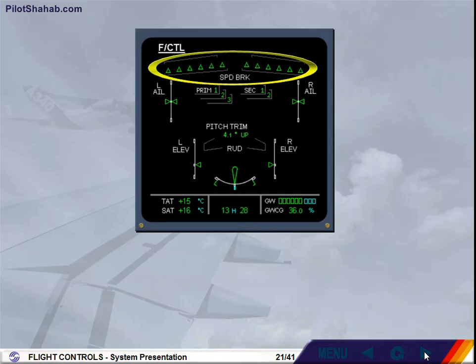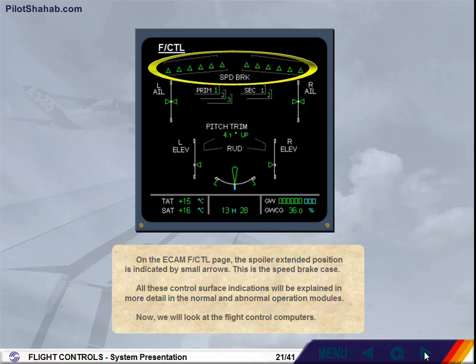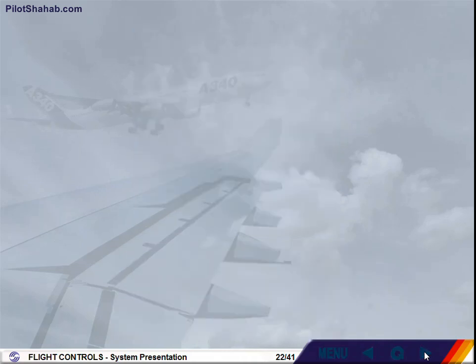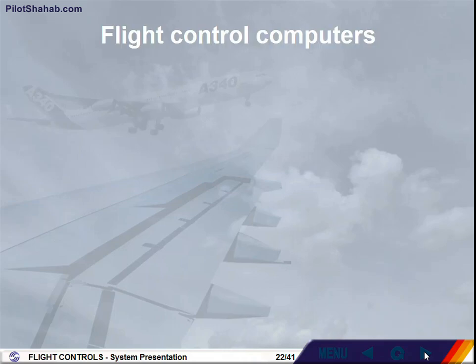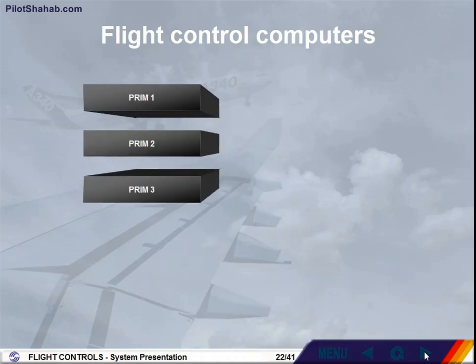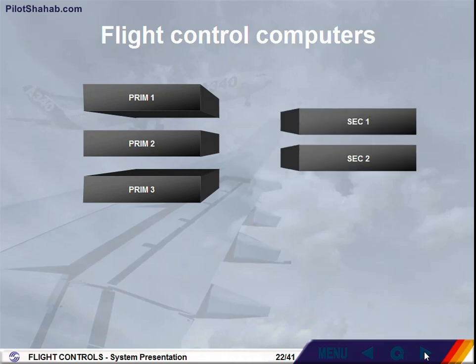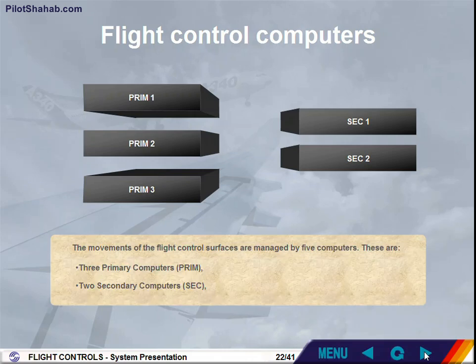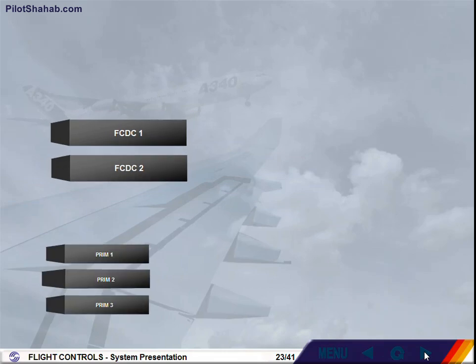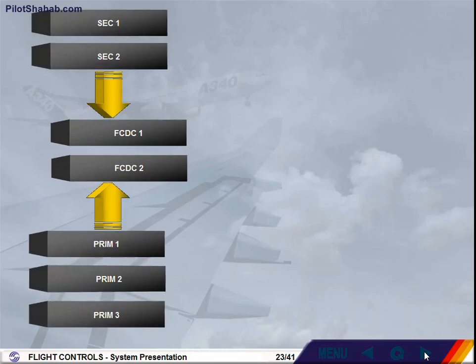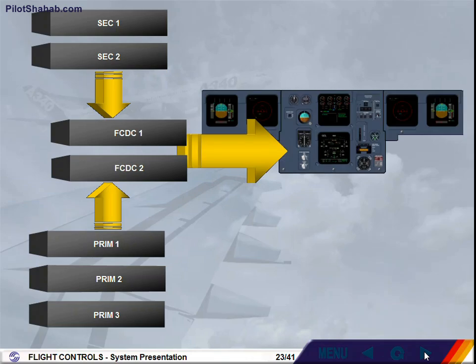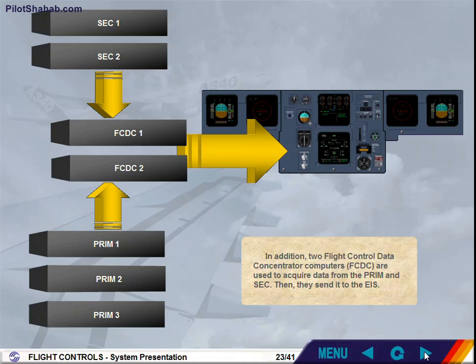Now we will look at the flight control computers. The movements of the flight control surfaces are managed by 5 computers. These are 3 primary computers, prim, 2 secondary computers, sec. In addition, 2 flight control data concentrator computers, FCDC, are used to acquire data from the prim and sec.